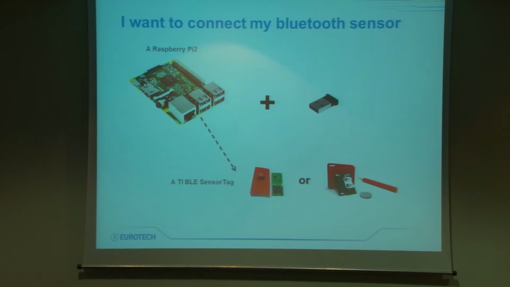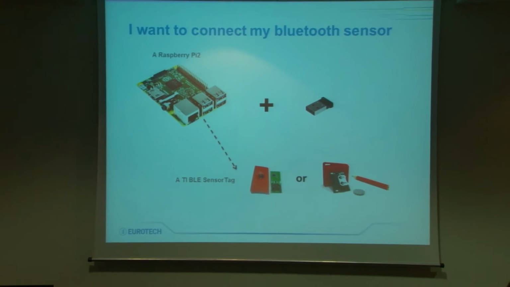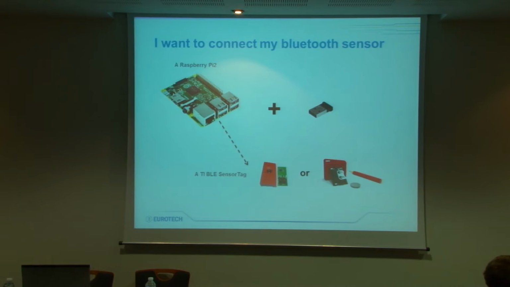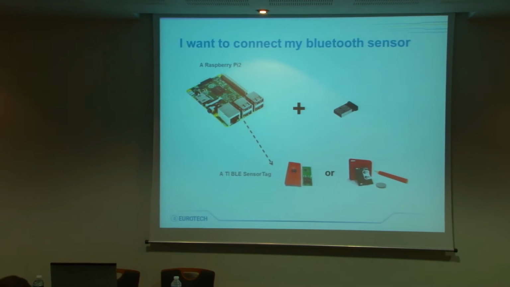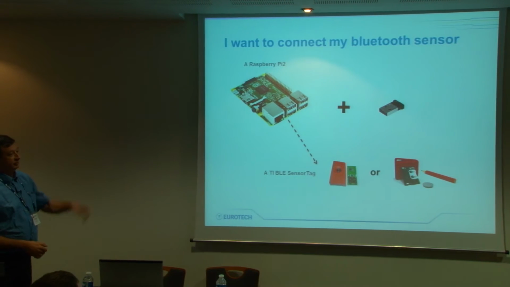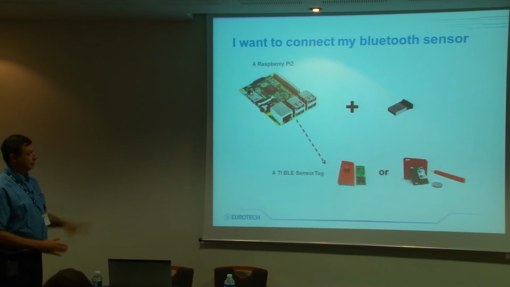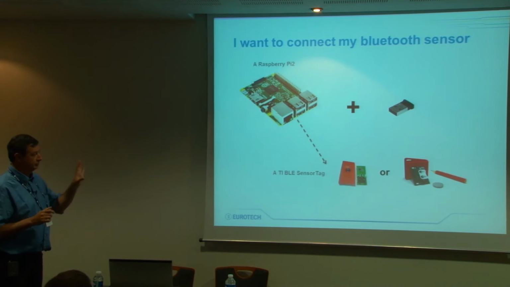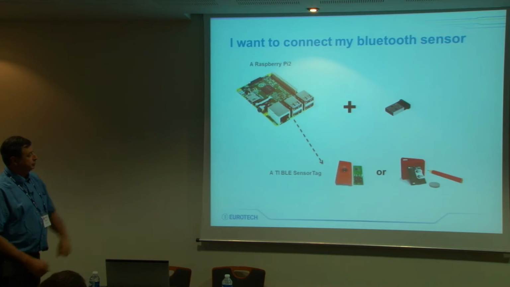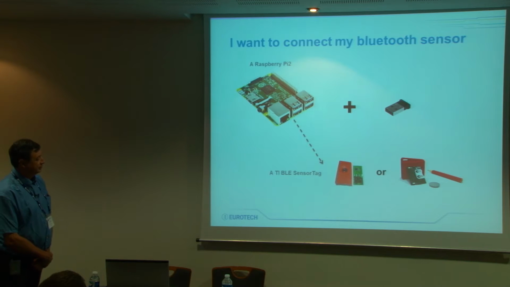So what do I need to connect my Bluetooth sensor? My gateway will be, in this case, a Raspberry Pi 2, which is quite easy to find and not very expensive. I need a Bluetooth dongle that is compatible with Bluetooth low energy, so you need to buy a quite recent one. And I will try to use these small devices from TI.